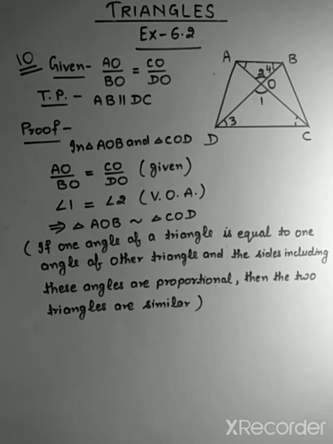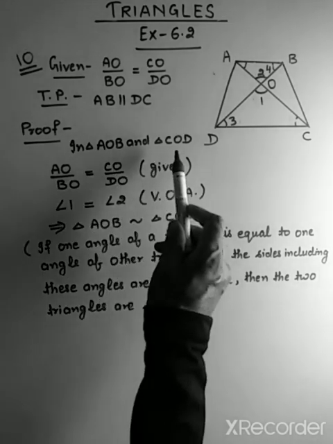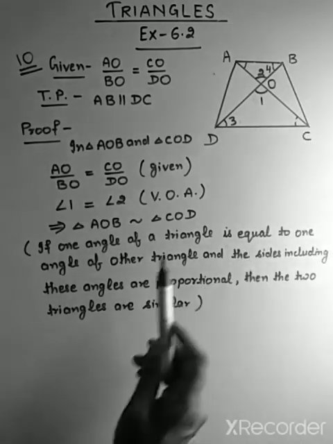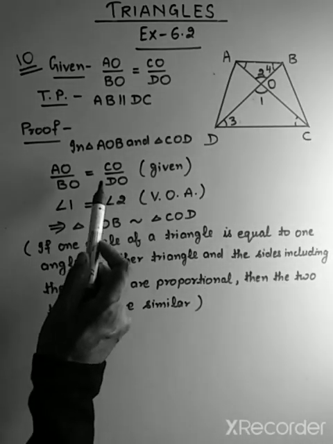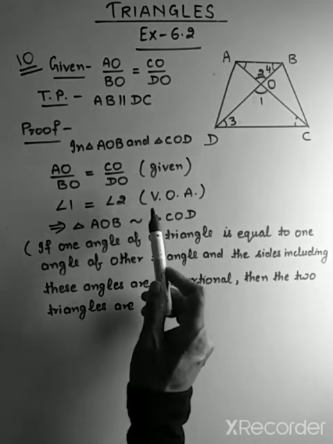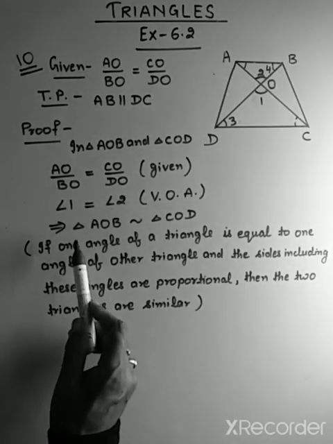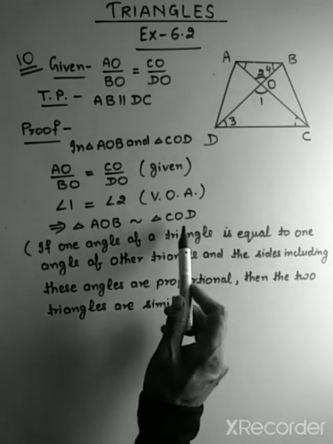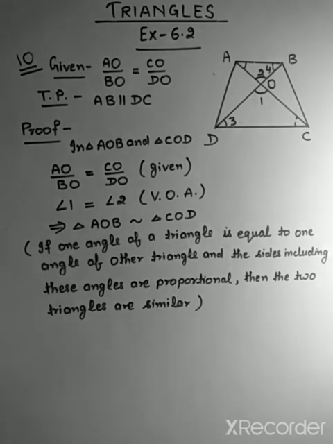Let us start the proof. In triangle AOB and triangle COD, it is given that AO upon BO equals to CO upon DO and angle 1 equals to angle 2, vertically opposite angles, which implies triangle AOB is similar to triangle COD. Why?